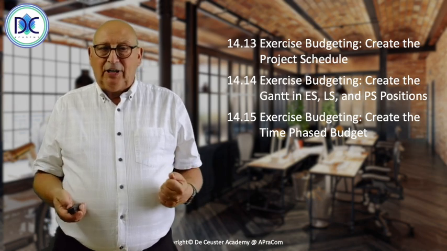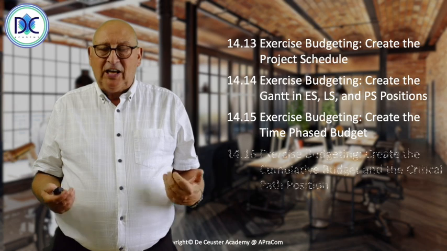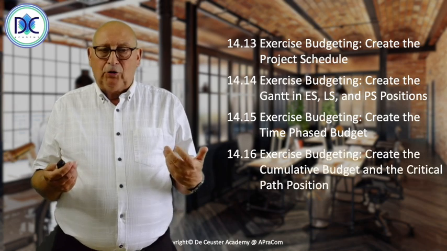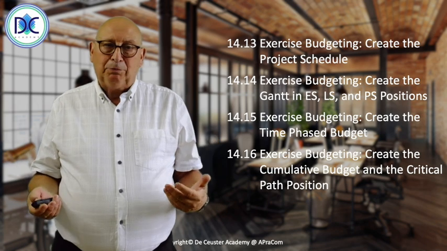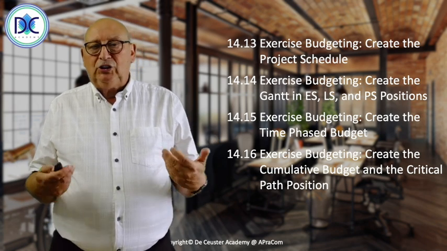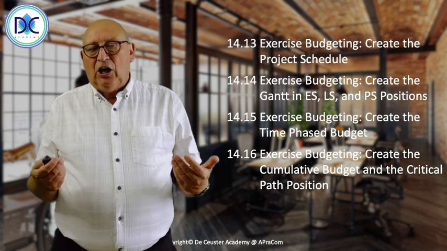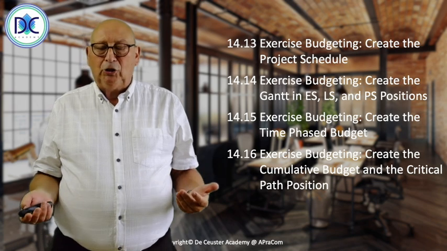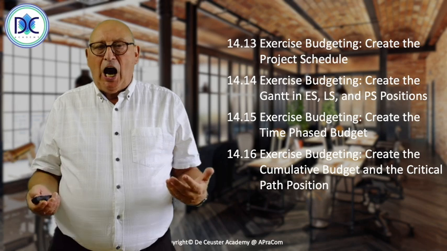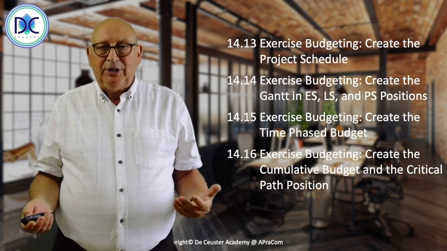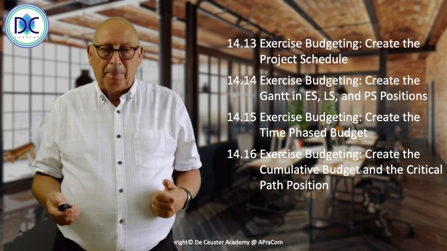Then we calculate the cumulative budget, and once we know the cumulative budget for the early start, late start, and planned start positions, we can also describe and identify the critical path position of the project. Basically, the critical path position shows us how much flexibility we have on this project.